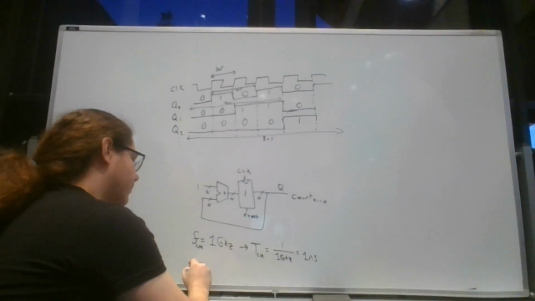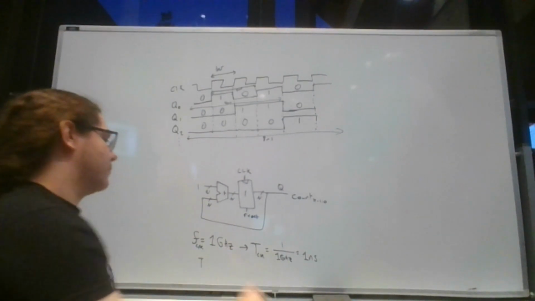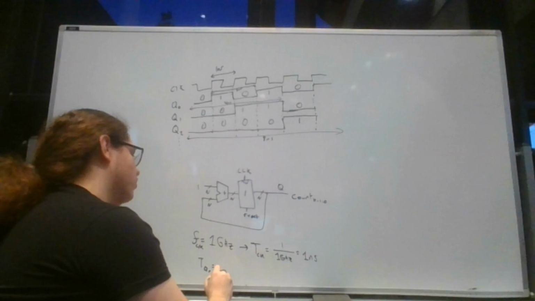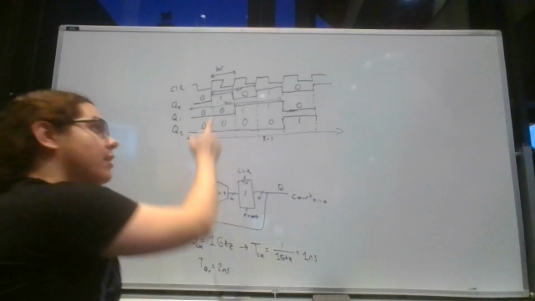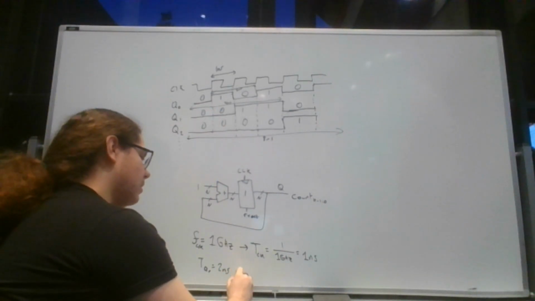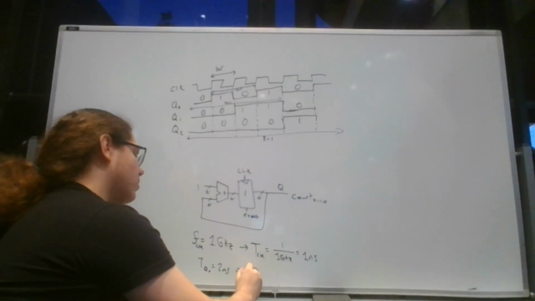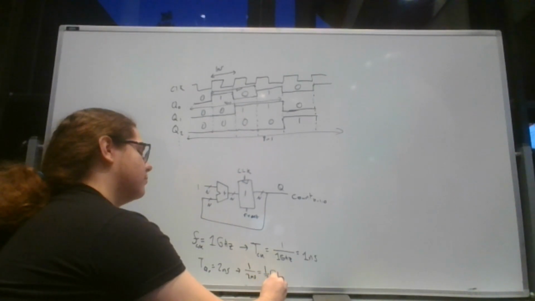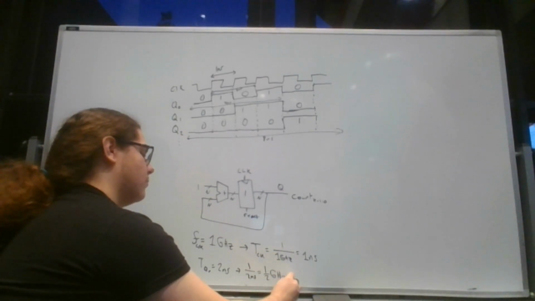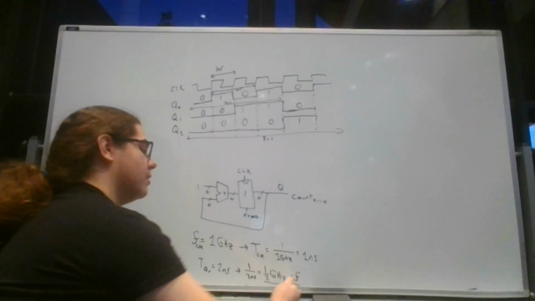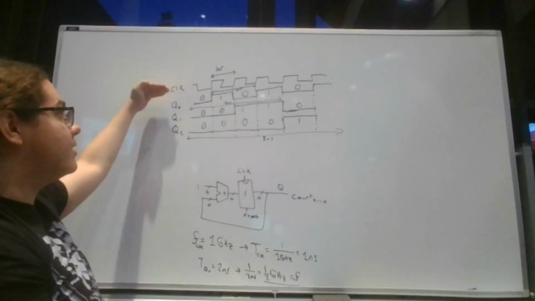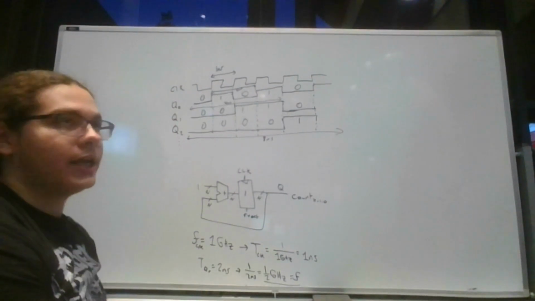So for example, if our period for Q bit 0 is equal to 2 nanoseconds, like we said up in the diagram, we know that the frequency is equal to 1 over 2 nanoseconds, which is half of a gigahertz. That's my frequency. And so you'll notice that frequency has been halved, or cut in half. And every time you go down, you cut the frequency in half over and over and over again.